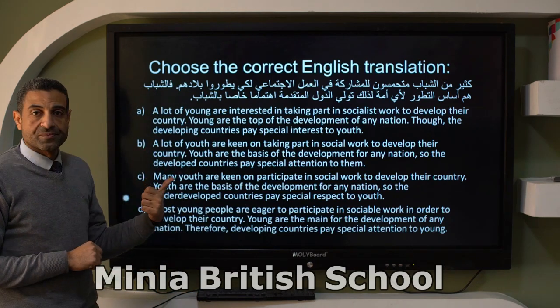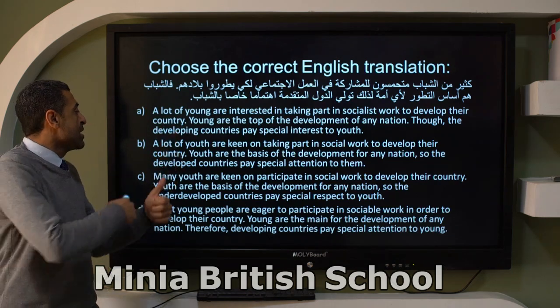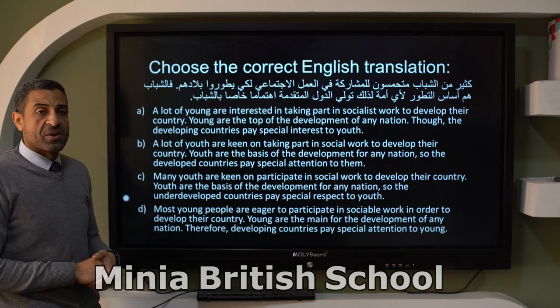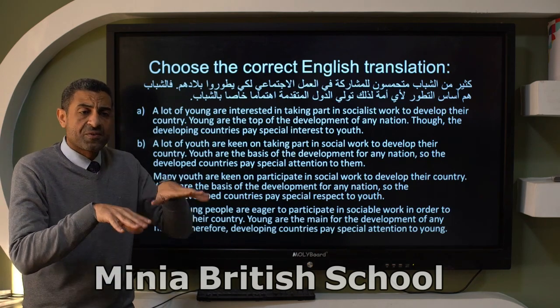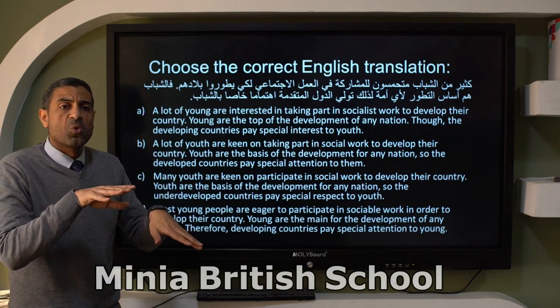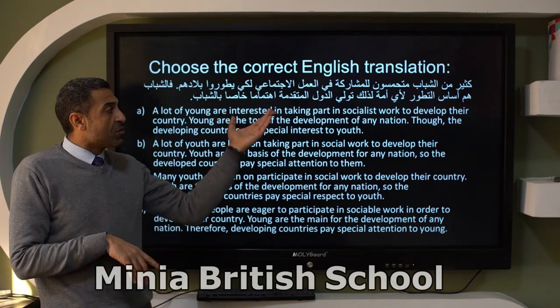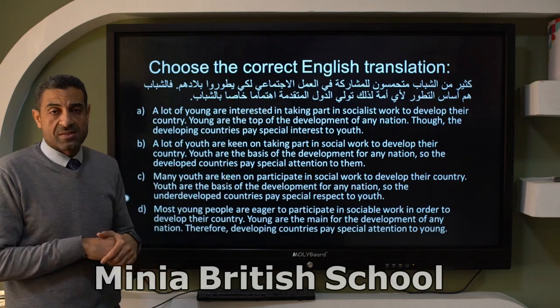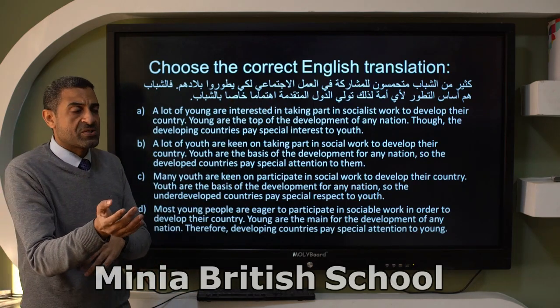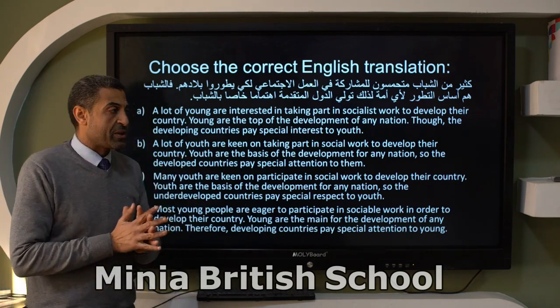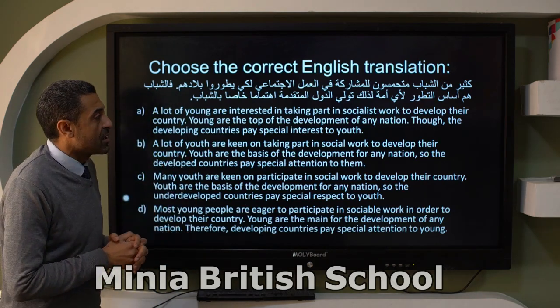And then you have to read the options carefully as well, because there are a few differences between the sentences. Just some extra words or missing words. So you have to read them carefully.